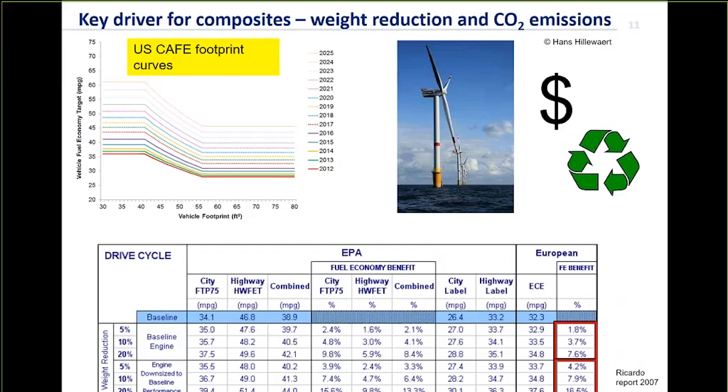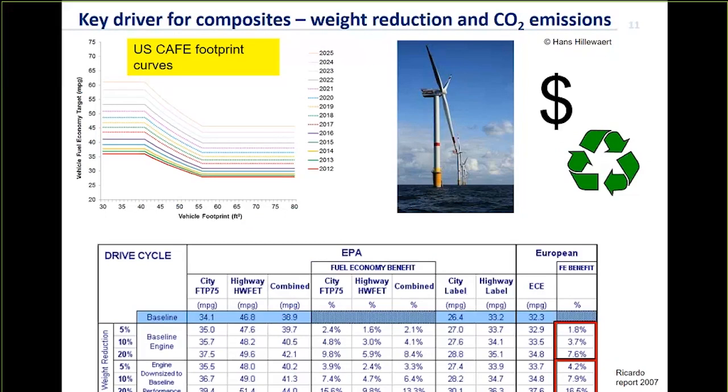The table at the bottom shows the kind of fuel consumption improvements that can be made simply by cutting weight from a vehicle. If we look at the right-hand side of the table, we can see that if you reduce vehicle weight by 20%, you get about 7.6% improvement in fuel economy.